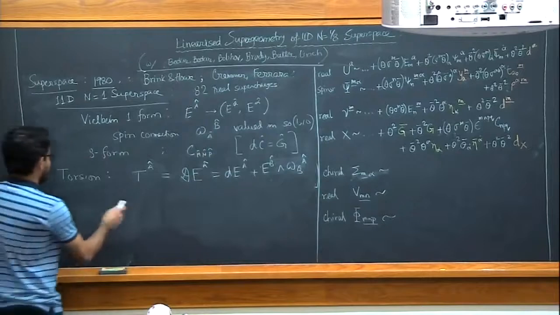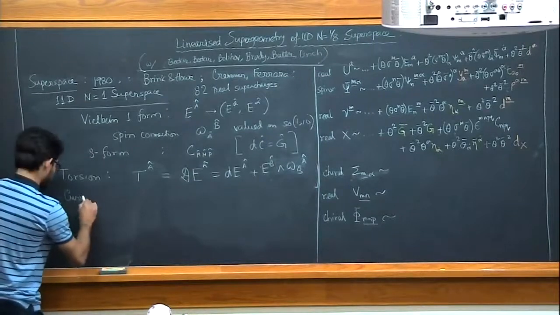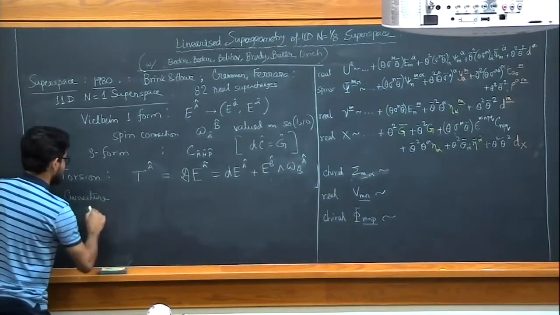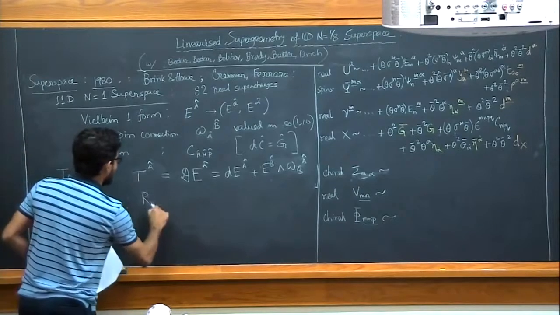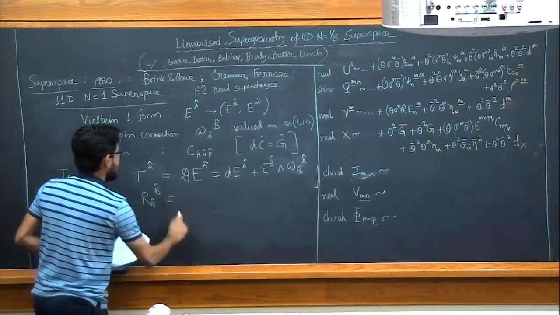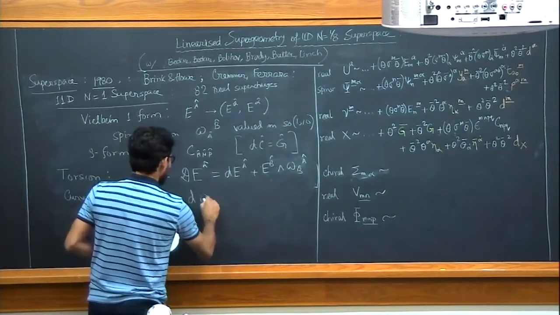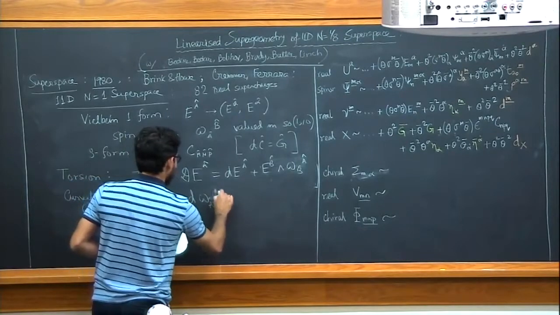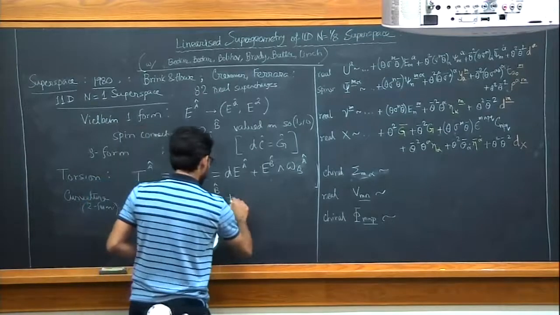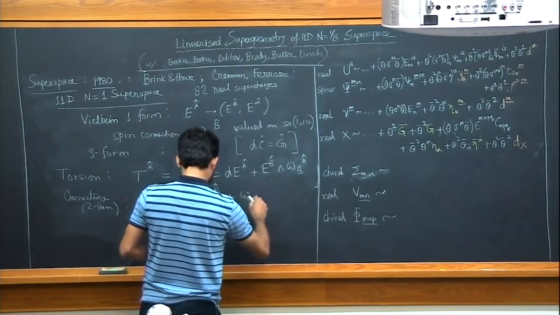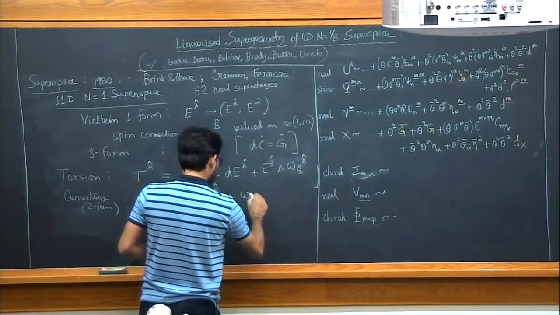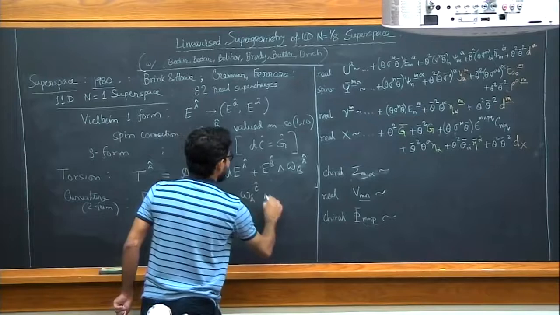And then you define the curvature two form. The definition goes as R^AB is the exterior derivative of omega plus omega AC wedge omega CB.